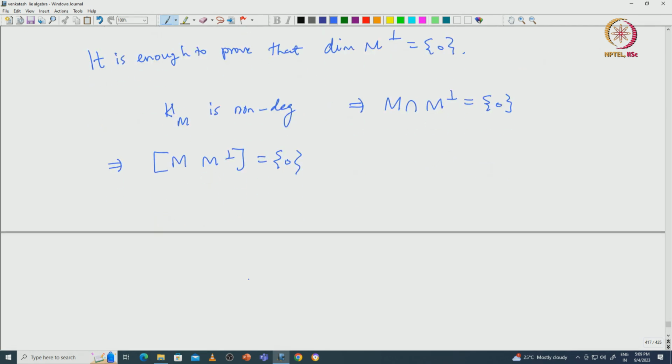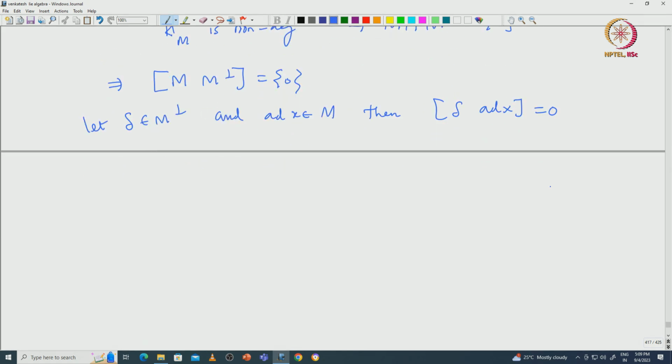Now what we do, we take some delta inside m perp and ad x inside m. Then we know that the bracket of delta, comma, ad x is 0, but the bracket of delta and ad x is nothing but ad of delta of x. So, this is 0, but ad being a 1-to-1 map, that would imply immediately that delta of x is 0. So, we proved that delta of x is 0 for all x in g.